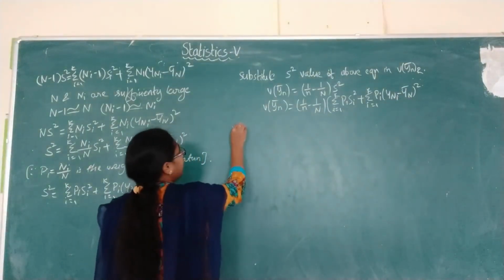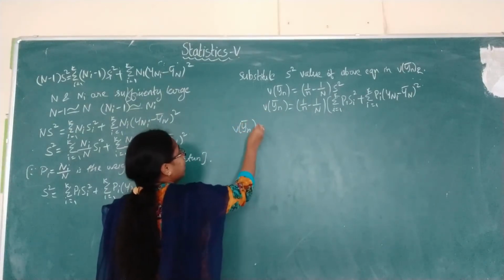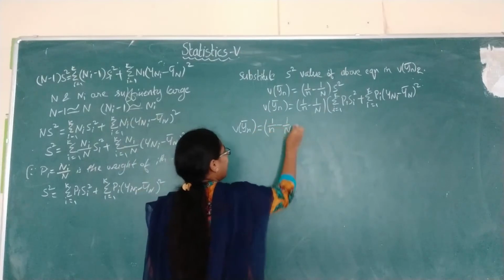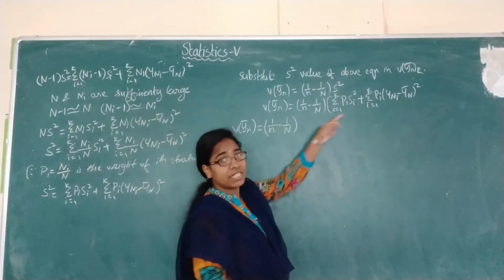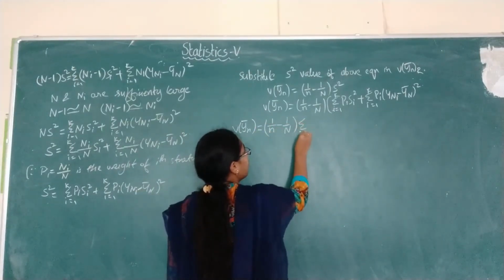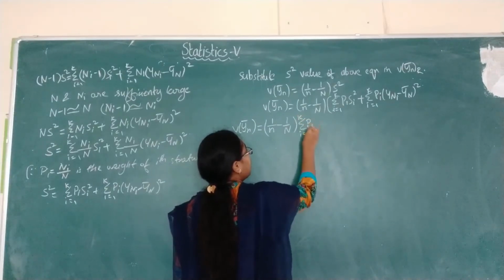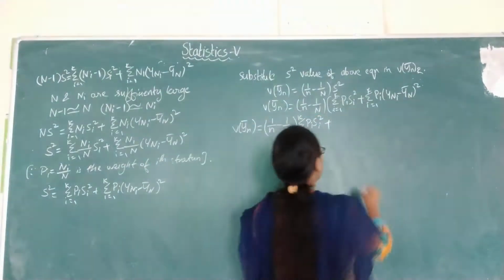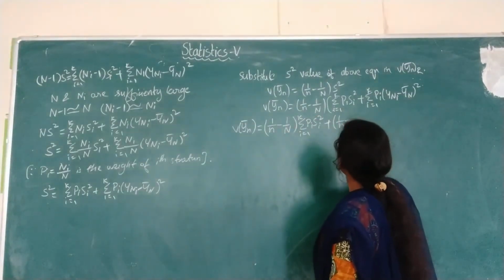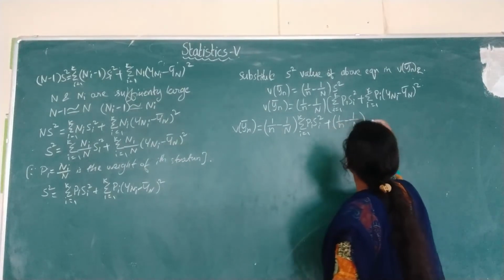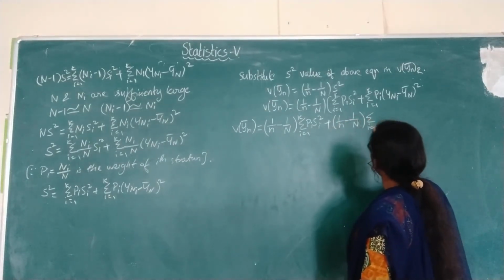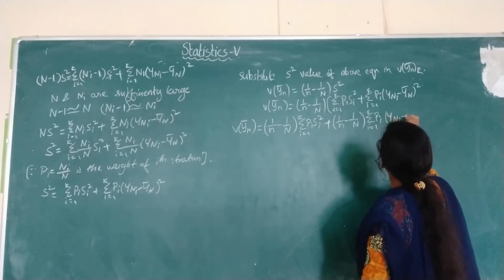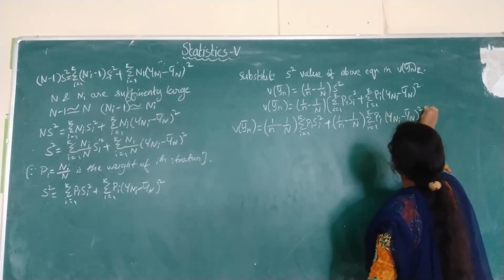You will get variance of y bar n equals 1 by n minus 1 by capital N into summation over i equals 1 to k pi si square, plus 1 by n minus 1 by capital N into summation over i equals 1 to k pi into yni minus yn bar whole square.